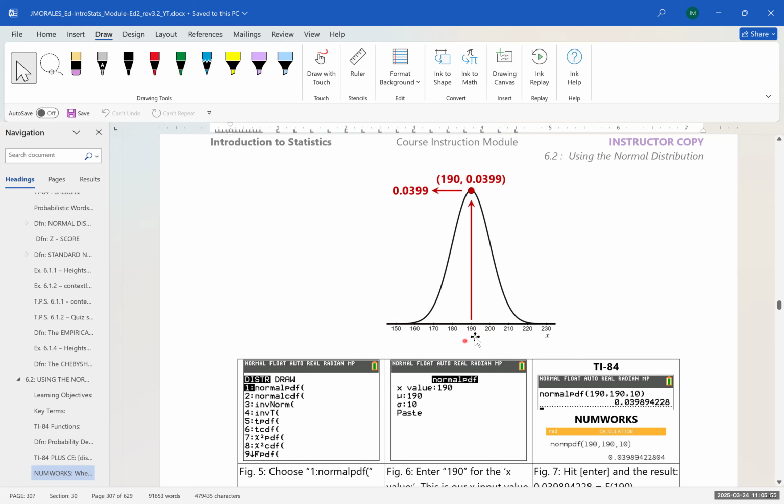And since we put this information about the normal distribution, we then put in a value of x, which was 190, and we wanted to see what value of y was related to 190. And the value that's related to 190 is 0.0399, which is this point right here at the top. And you can see we got those values on both calculators.